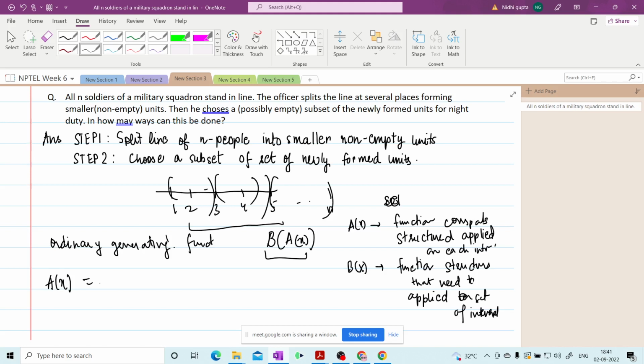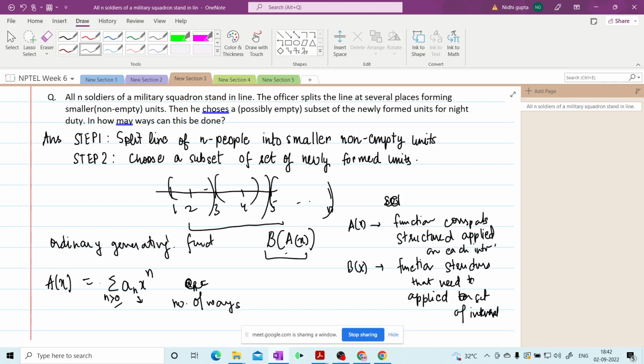Yeah, A(x). So basically, if we have this composition, A(x) corresponds to the sum of a_n x^n, where n is greater than 0. And what is this a_n in this composition? This a_n is some ordinary generating function, which counts the number of ways for some n set, right?